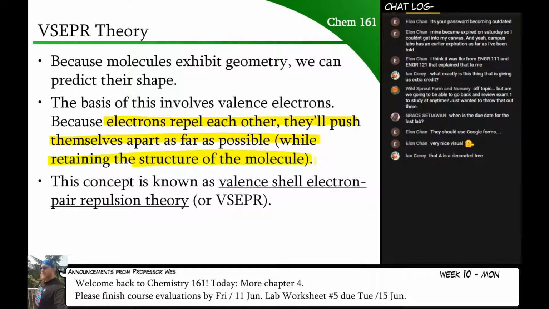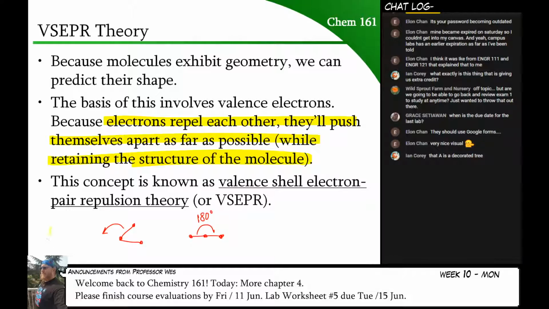What they instead end up doing is orienting themselves as far apart as possible. So if I have 2 bonds around something, the bonds are going to push apart such that they don't end up like this. So my bonds would not do this. This would swing around, and my result would be something like this. And the bond angle I would then have should be 180 degrees. And then for a triangle, it should be 120 degrees, and so on and so forth.